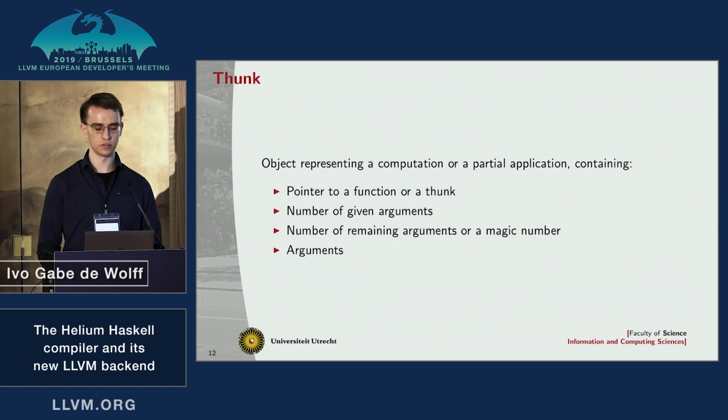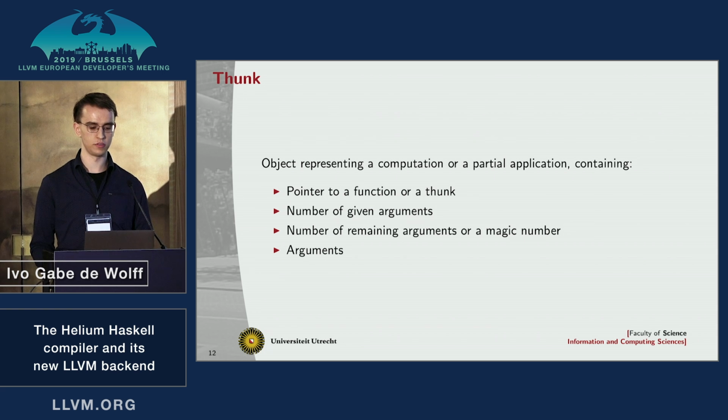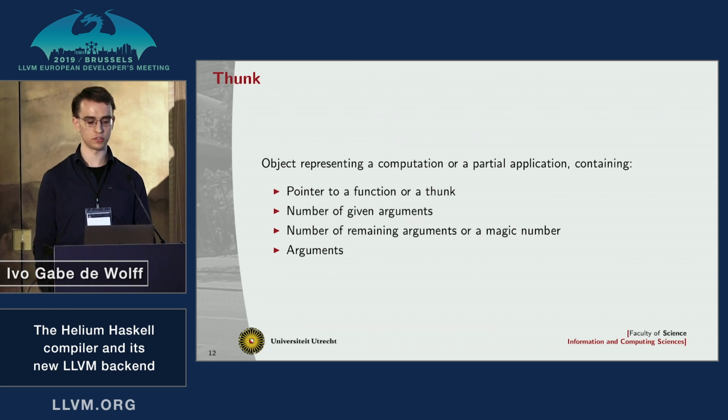For laziness, we use thunks, which is an object representing a computation or a partial application. So as we support multi-parameter functions, we may also have partial applications of those functions. A thunk contains a pointer to a function or to another thunk, the number of given arguments, and the number of remaining arguments.